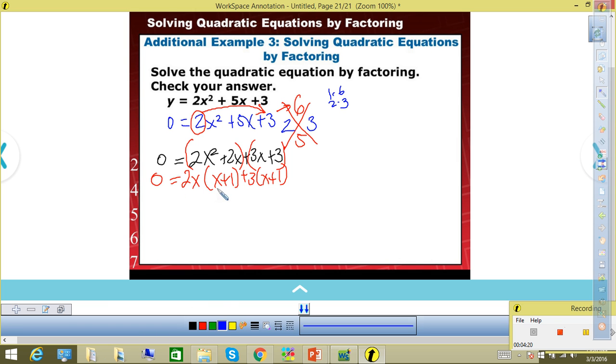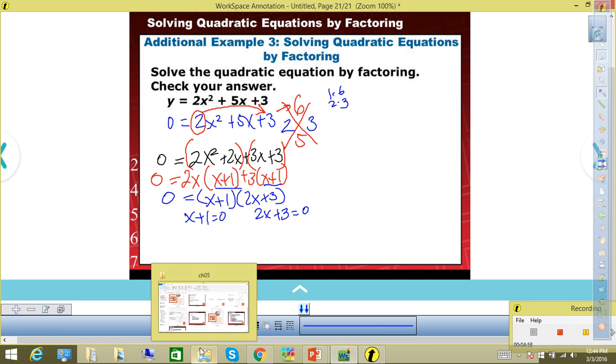And let's see, what are our factors then? x plus 1, 2x plus 3, and all that equal to 0. Next step, Seabass. Close. Look where we're at. ZPP, zero product property, which means we need to set each one equal to 0. x plus 1 equal to 0. 2x plus 3 equal to 0.